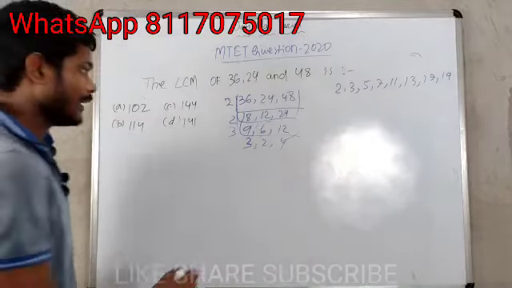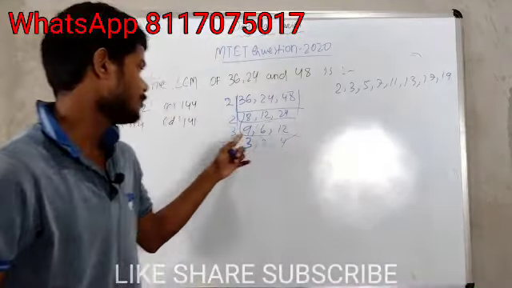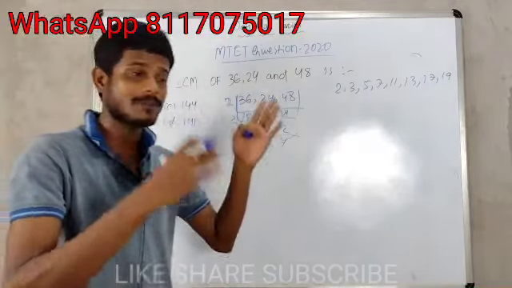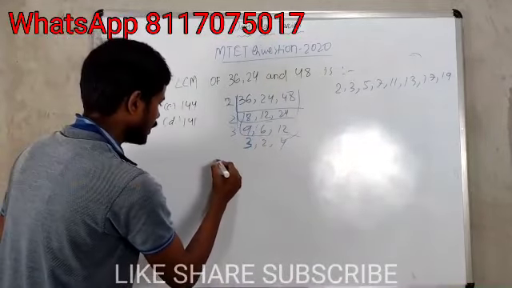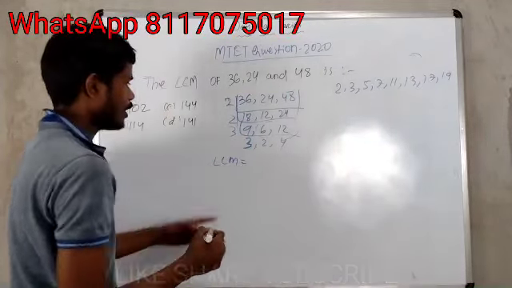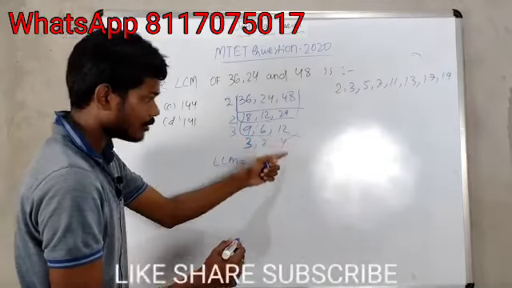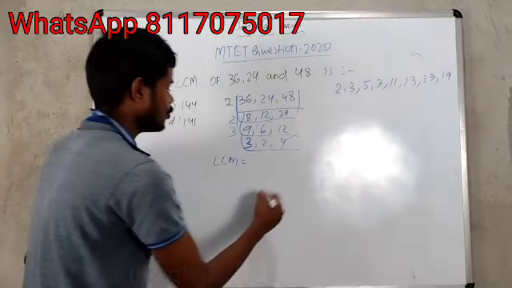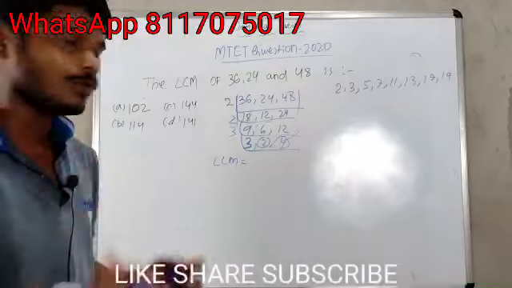Clear, friends? Then we came to the last, where there is no multiplication number by which these three numbers will be divided. So we have reached the last, and we have to multiply these numbers. The LCM is equals to 2 into 2 into 3 into 3 into 2 into 4. Here is the last point: 2 and 4 can be divided by 2.